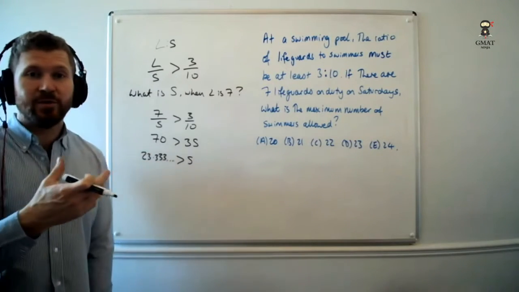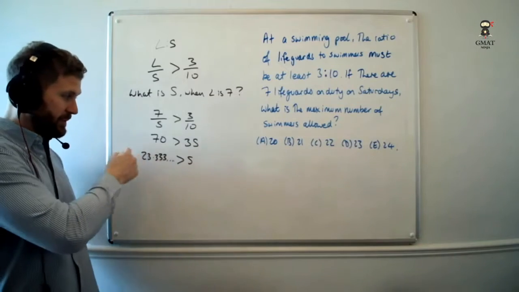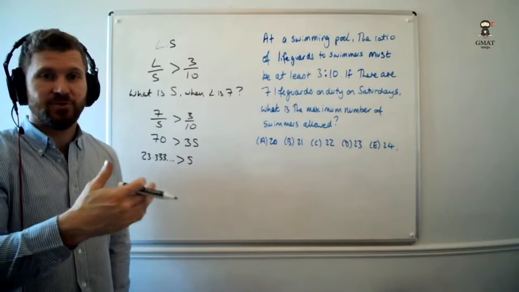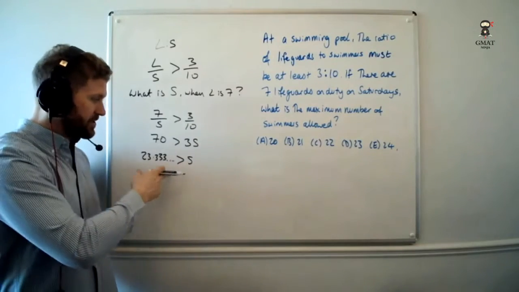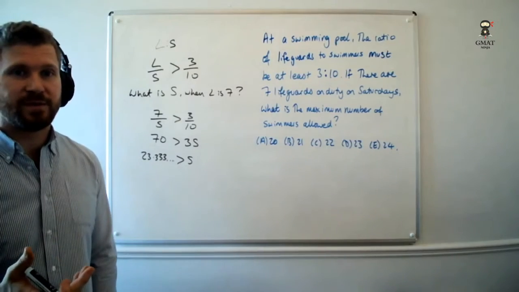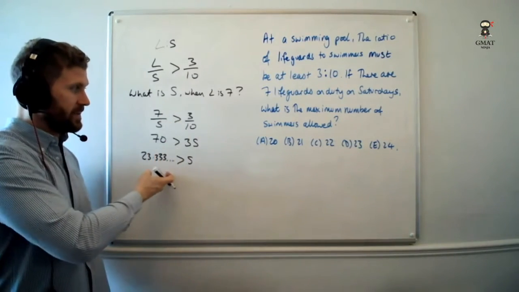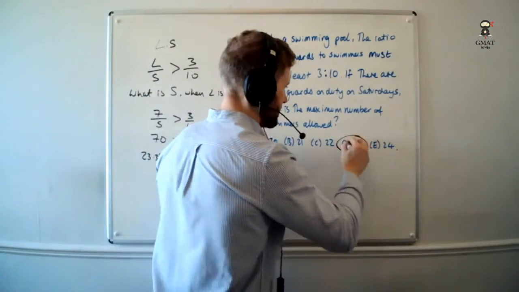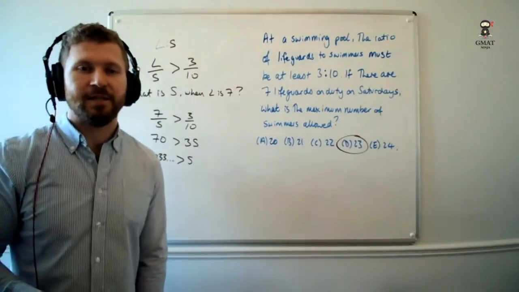I can't really go up to 24 because 24 would be bigger than the maximum number allowed. And there's no point going down to 22 or 21 or 20 because I can go all the way up to 23. So 23 is the maximum number of swimmers I'm allowed while staying within the boundary of this question where the number of lifeguards is 7. And so the correct answer here is D.